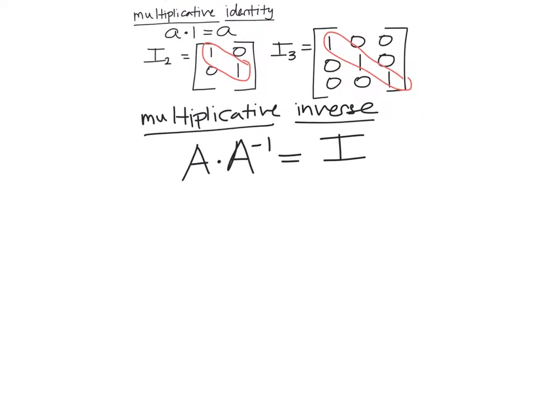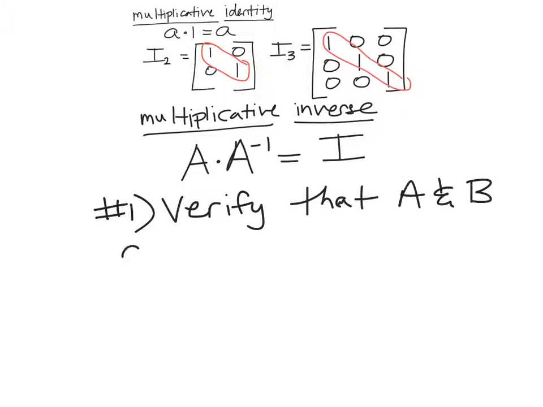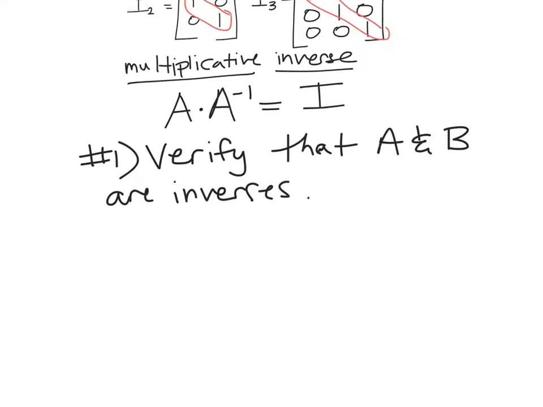All right, so here we go. The first couple of problems you're going to get in your homework tonight are going to look like this. Number 1, we are going to verify, or show, sometimes they say show, that A and B are inverses of each other.